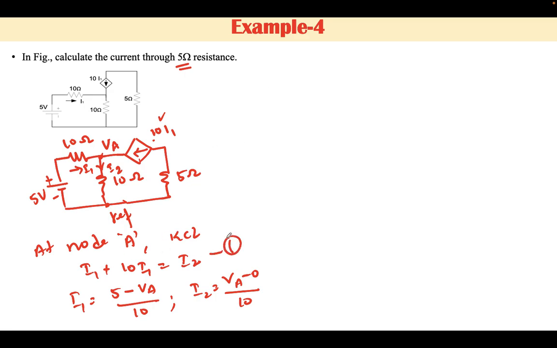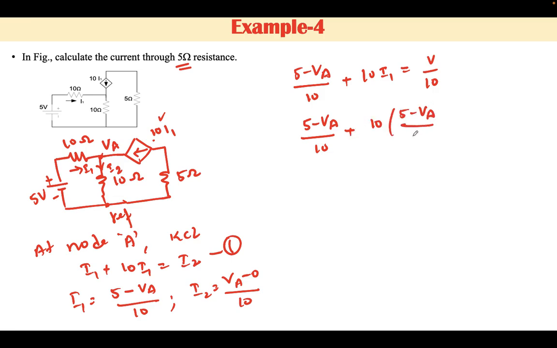In this equation if we put these values, it will be (5 minus VA) upon 10 plus 10 I1 is equal to VA by 10. We know the value of I1 also, so (5 minus VA) upon 10 plus 10 into (5 minus VA) upon 10 is equal to VA upon 10.